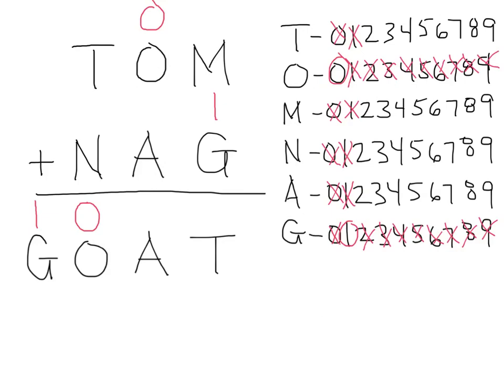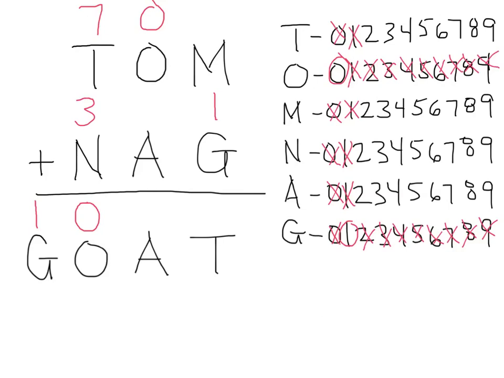Okay, so at this point, what you can do is just make some guesses and try it and see if it works out. And if it doesn't work out, then at least you know that that's not the answer and you can eliminate that possibility. But for me, I know that 7 plus 3 equals 10. So I'm going to go ahead and try that. I'm going to try 7 for my T and 3 for my N.